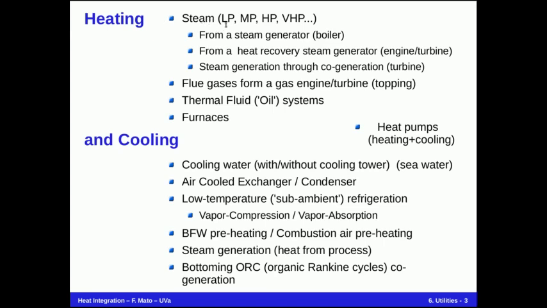Low pressure, medium pressure, high pressure, from a steam generator, a boiler, or from a heat recovery steam generator, the flue gases of a turbine or engine that enter a heat exchanger for recovering heat. It can come also from steam generation through cogeneration, after being used to produce work in addition to heat.